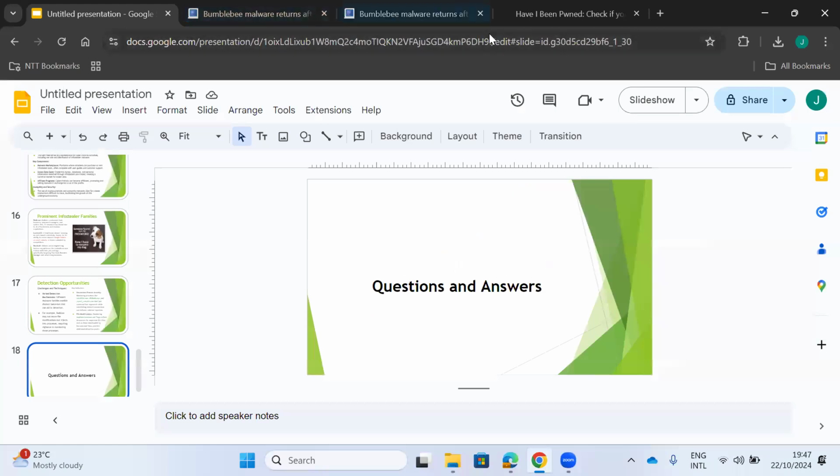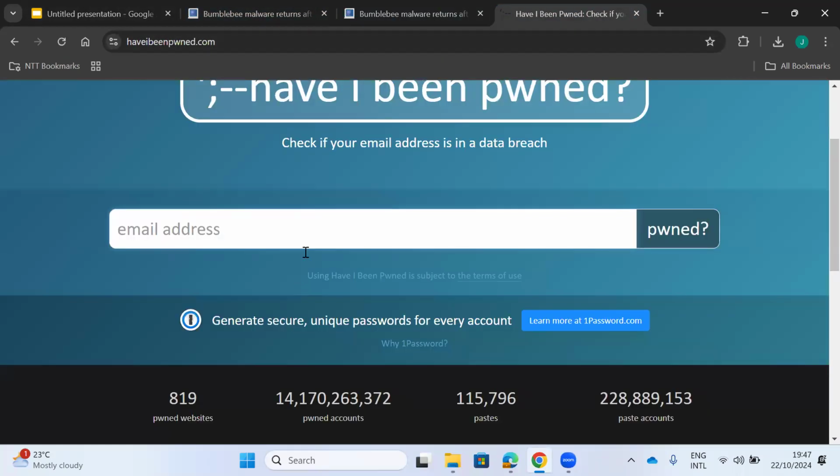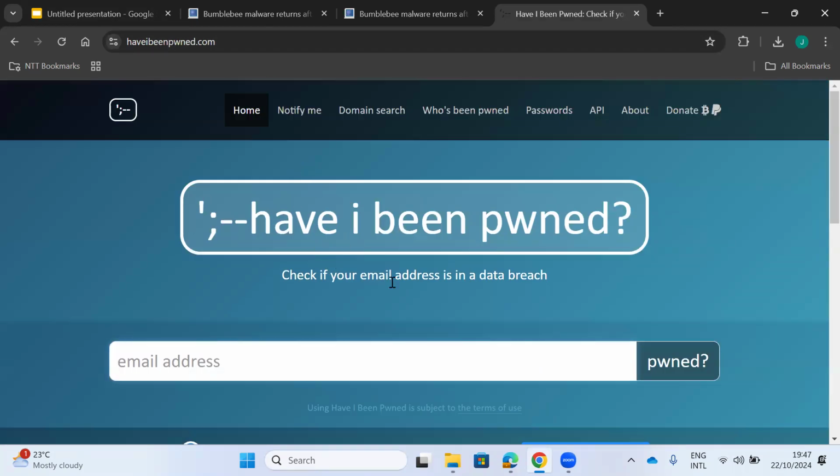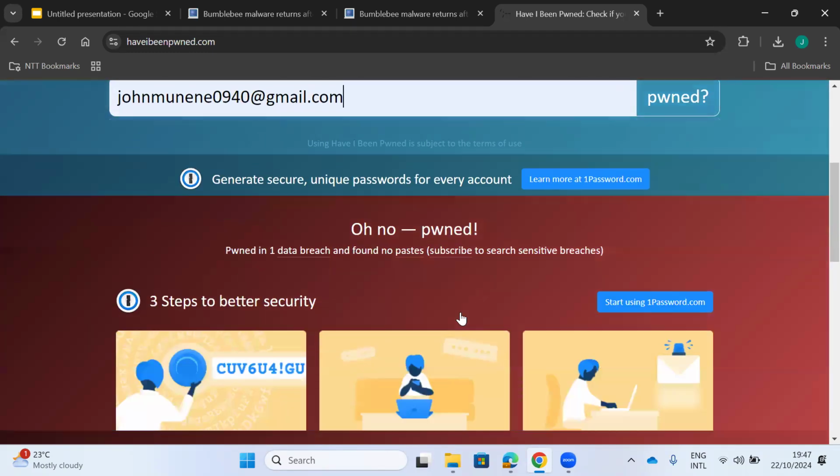If you go to this particular website, haveibeenpwned.com, you can check whether your email address has been involved in a data breach. This is one way to identify whether your email has been involved in a data breach. If I post my email address, mine has been involved in one data breach.